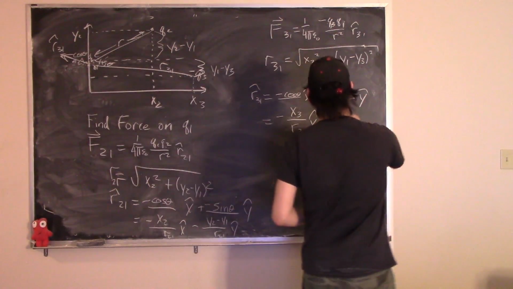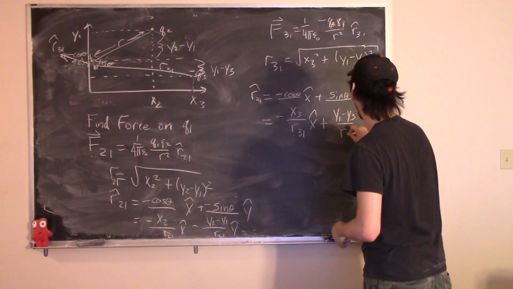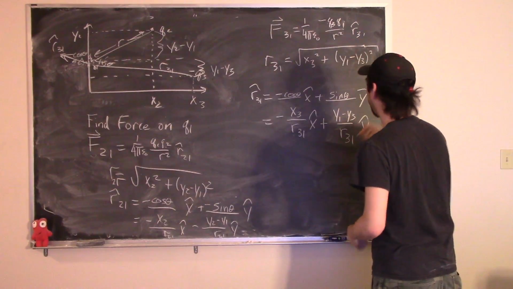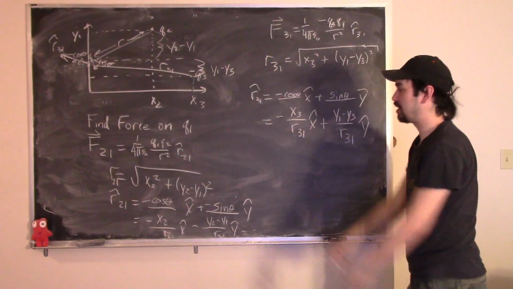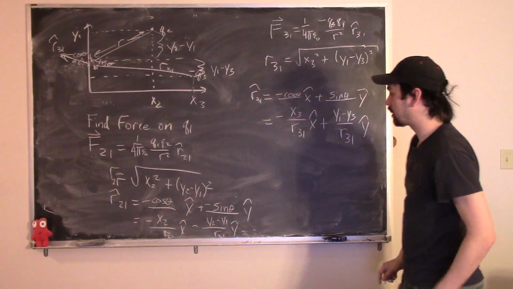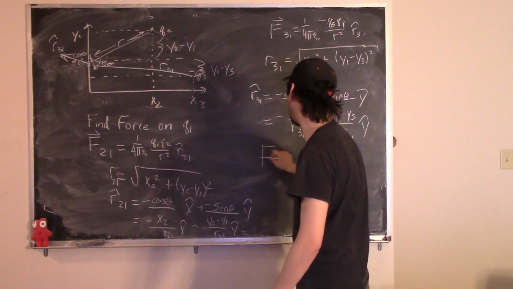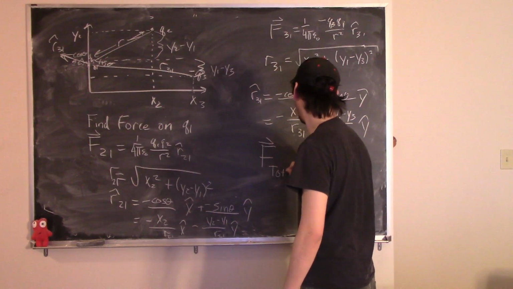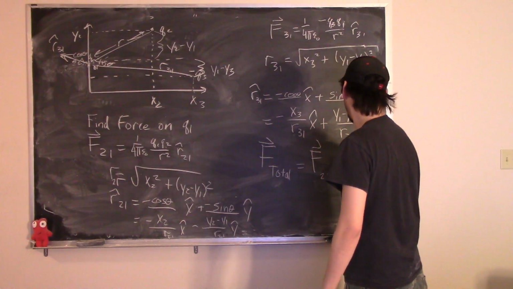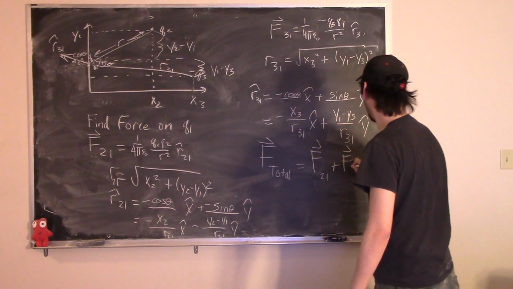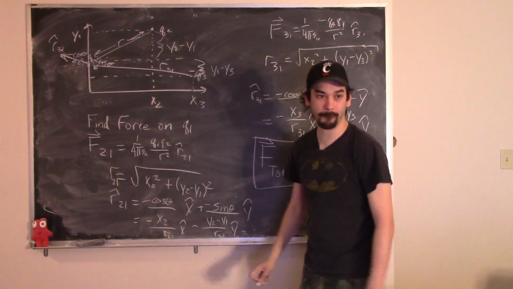And so this is going to be plus (y1 minus y3) divided by r31 y hat. Okay. And then again, the last step is just plugging all of these in to find what F vector 21 is, what F vector 31 is, and then say that F total is going to be equal to F21 plus F31. And then that's it. Okay?